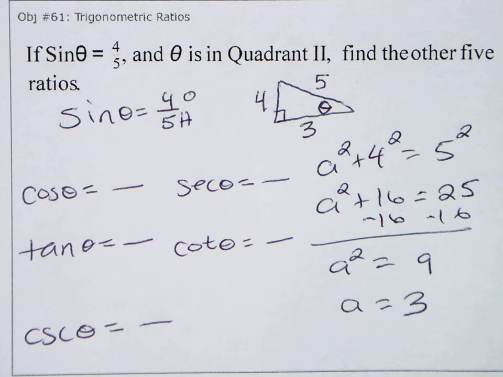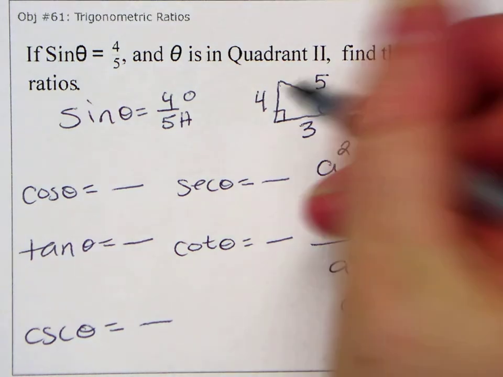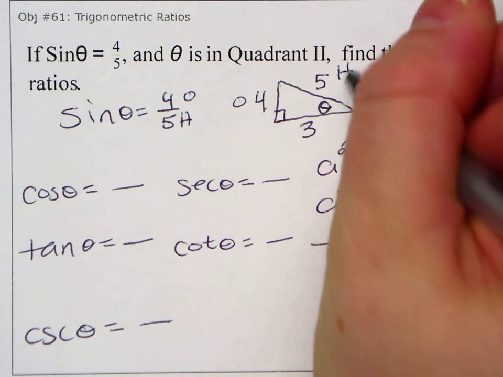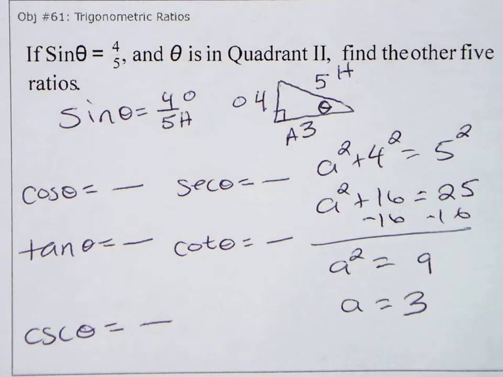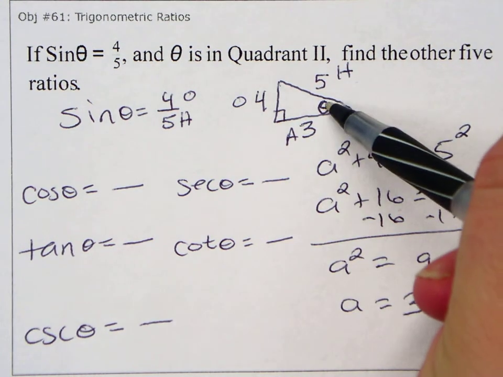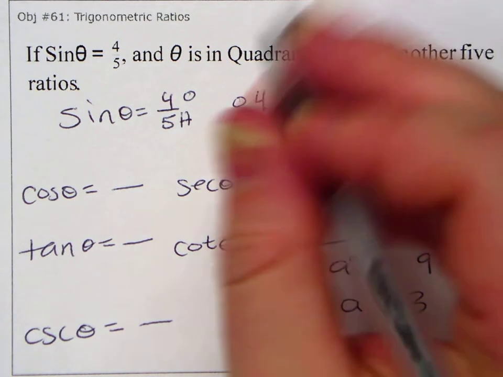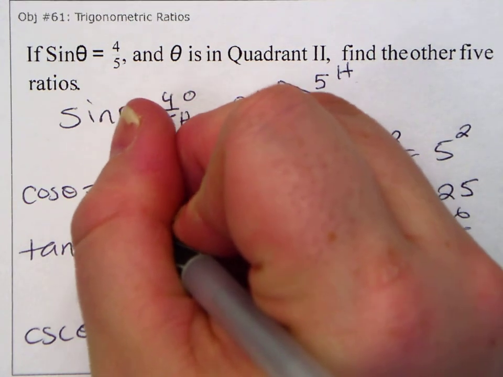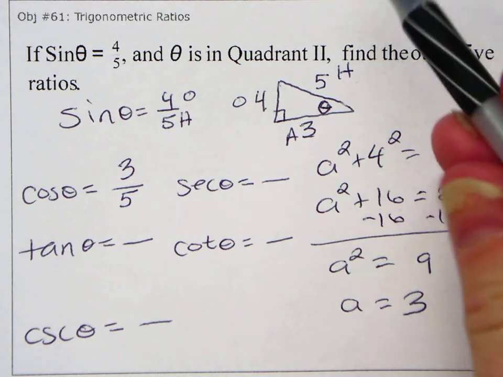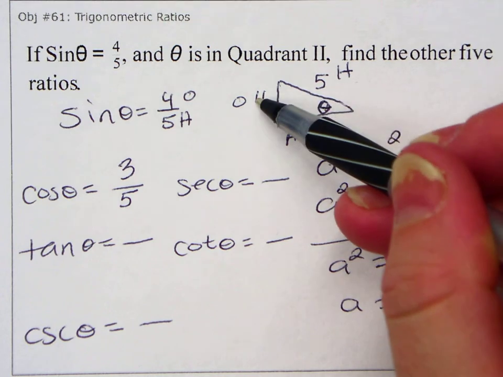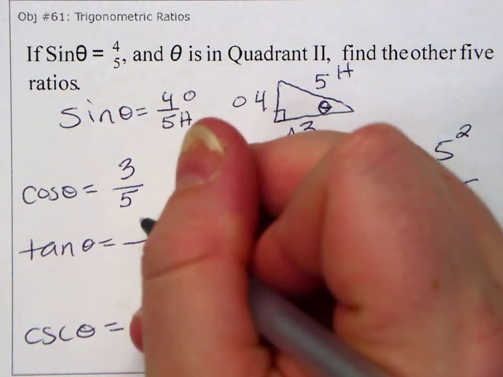All right. So looking at this triangle, this is your opposite. This is your hypotenuse. 3 is your adjacent. What's cosine of theta? That's your adjacent over hypotenuse, 3 over 5. Tangent. Tan is your opposite over adjacent, 4 over 3.